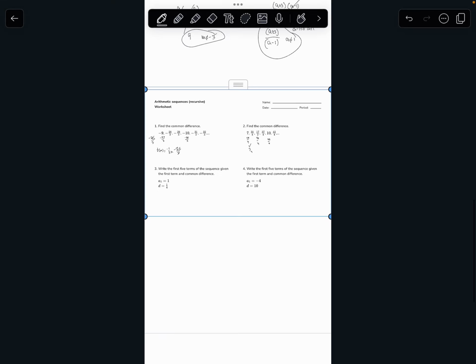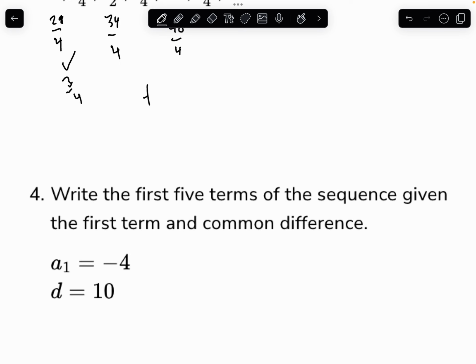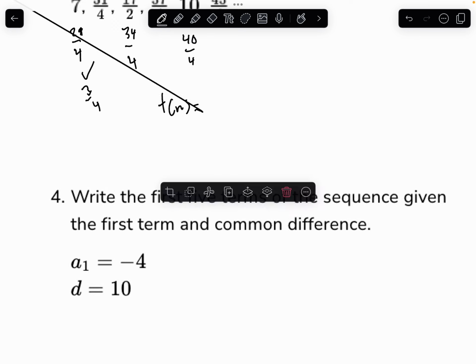So we're going to write T of n equals three-fourths n. And then we got to find the 0 term, so we subtract 3/4 from 28 fourths, or subtract 3, I guess, so it'd be 25/4 is going to be our y-intercept.